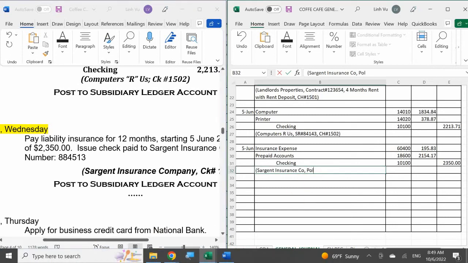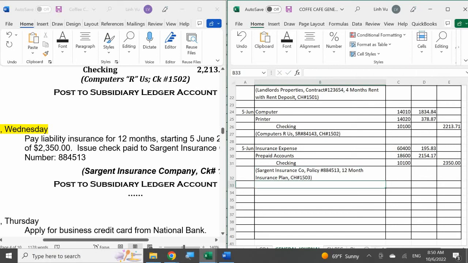So I'm going to put policy number 884513. In this case, I'm going to make a note here that I bought 12-month insurance. Check number 1503. Okay, good.